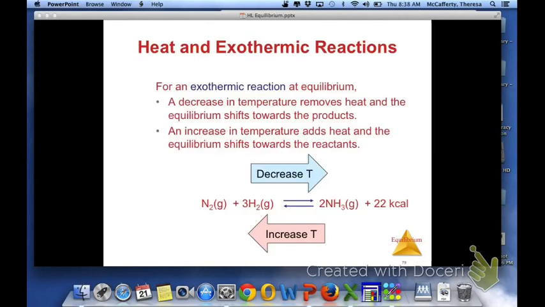Let's look at the effect of temperature on the shift in equilibrium. We're going to have to look at exothermic and endothermic differently. So for an exothermic reaction at equilibrium, remember that we can look at that heat as being a product. If I increase the heat, it is the same effect as increasing the concentration of a product, which is going to shift the equilibrium to the reactant side.